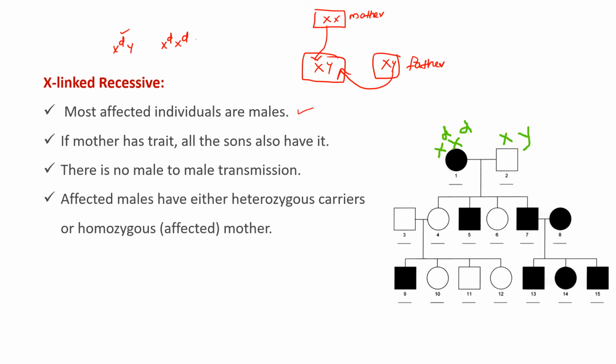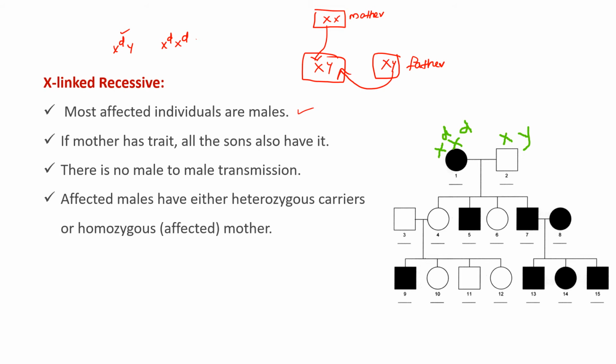There is no male-to-male transmission because in males, Y chromosome is coming from his father and X chromosome is coming from his mother, isn't it? So, there is no male-to-male transmission. X chromosome is not coming from his father. That's why there is no male-to-male transmission.